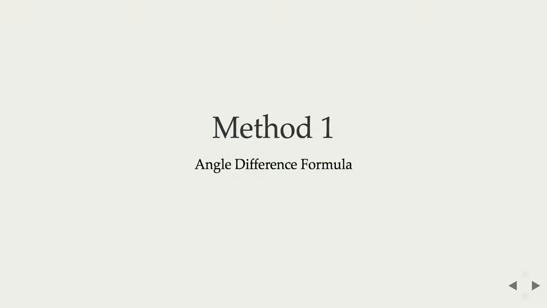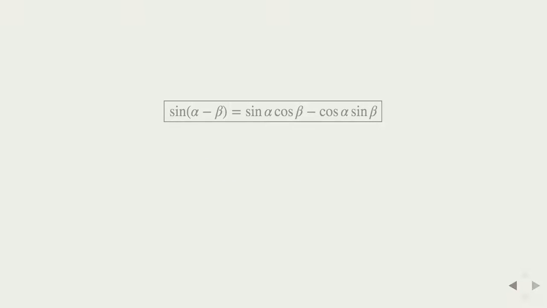All right. Now, how do we figure out sine 15 degrees? Okay, one method is using the angle difference formula, which is a formula saying that the difference of two angles can be expressed in terms of sine and cosine of the individual angles alpha and beta.